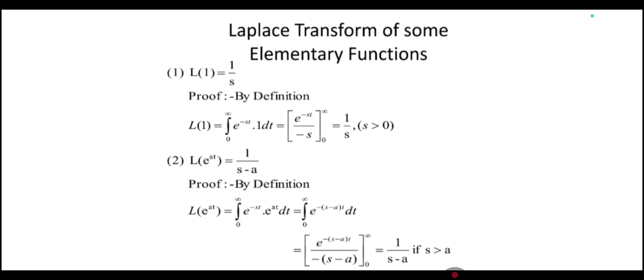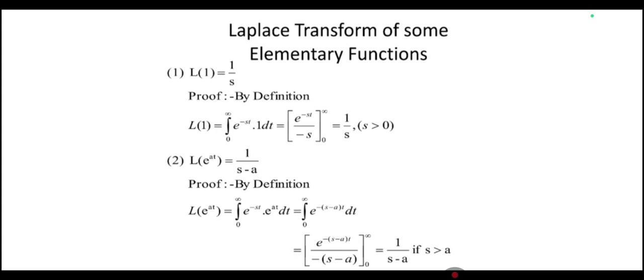E power minus st into e power at can be written as e power minus of s minus a into t into dt. Now integrate this one, we will get e power minus of s minus a into t divided by s minus a. Here the limit is 0 to infinity.